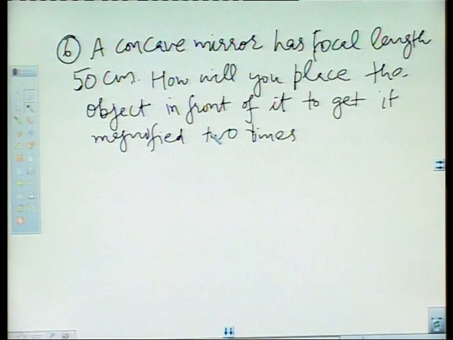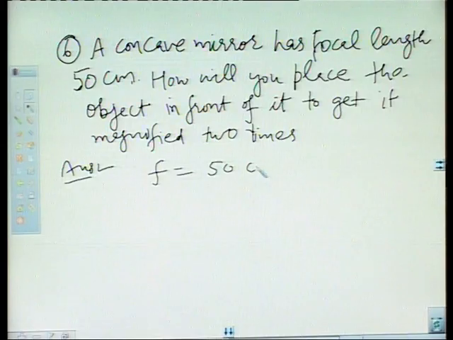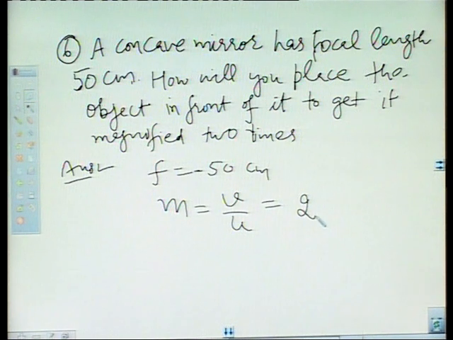So in this case we have a concave mirror whose focal length is 50 centimeter and it is taken as negative because the mirror is concave. Now the magnification m is equal to v upon u is given as 2 because the image gets magnified by 2 times.